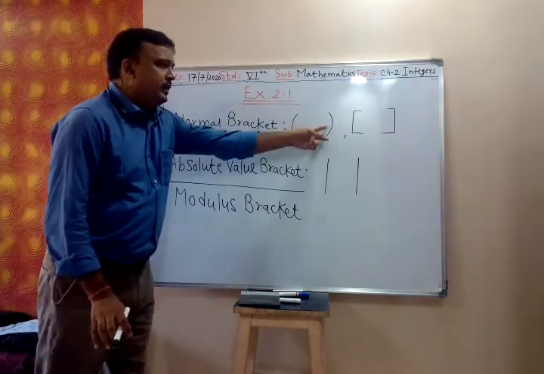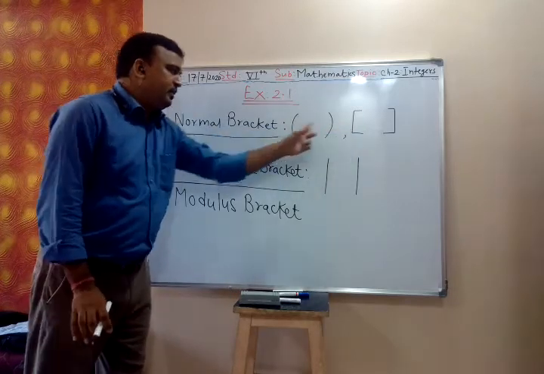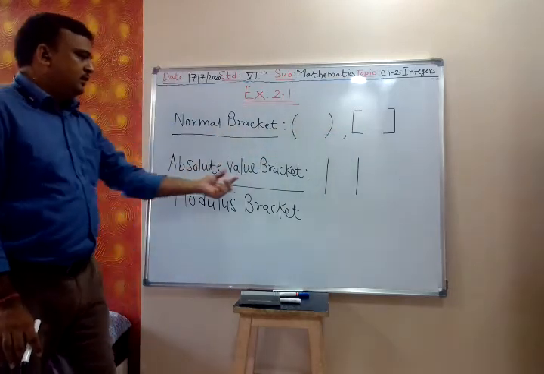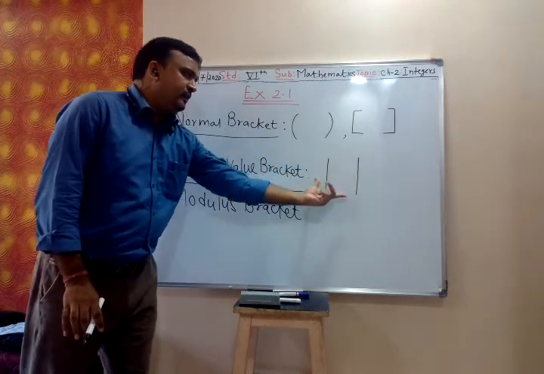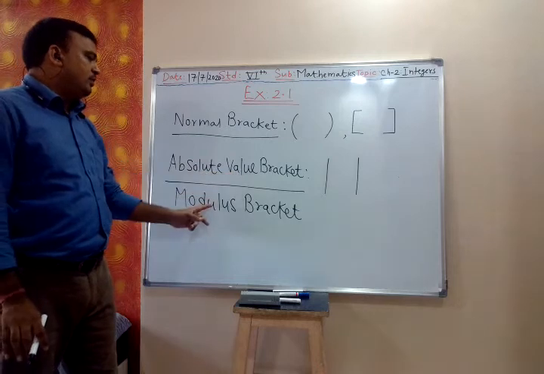These two are normal brackets. Round bracket and square bracket are normal brackets. And two vertical lines are absolute value bracket or modulus bracket.